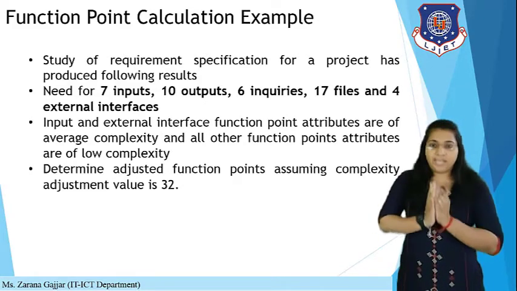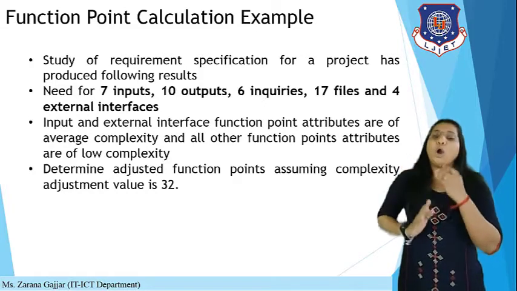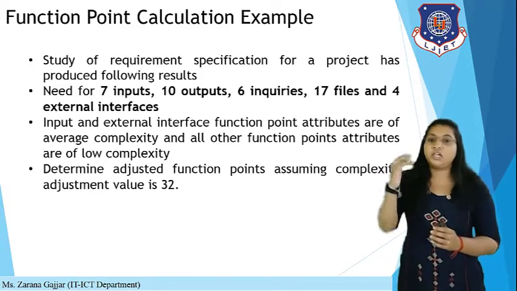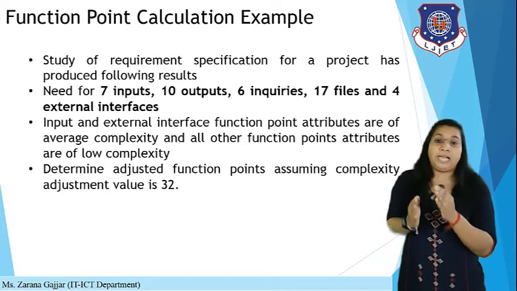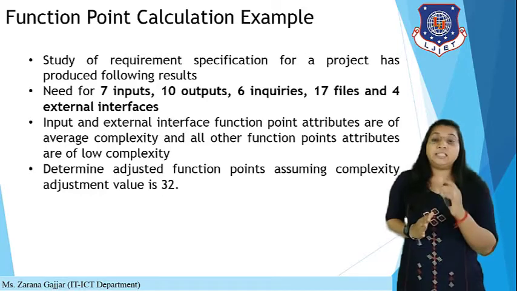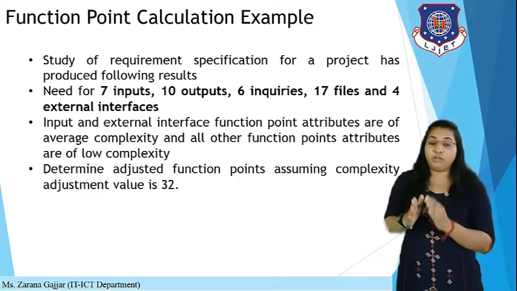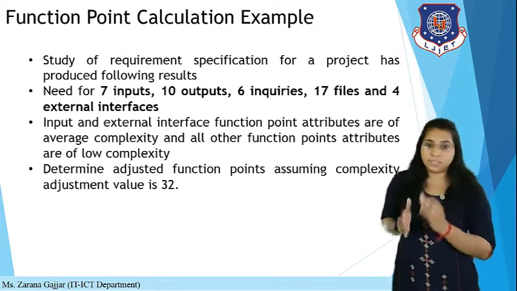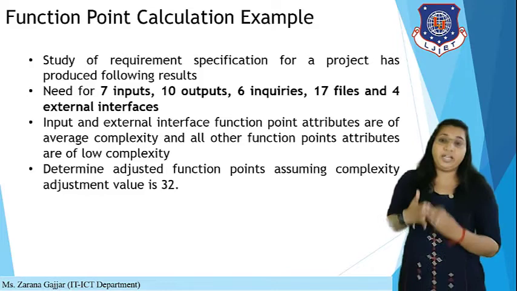In the example, they have already given you some values: 7 inputs, meaning external inputs is 7, then 10 outputs, meaning external outputs is 10, then 6 inquiries, meaning external inquiries are 6, then 17 files, meaning internal logical files are 17, and 4 external interfaces.